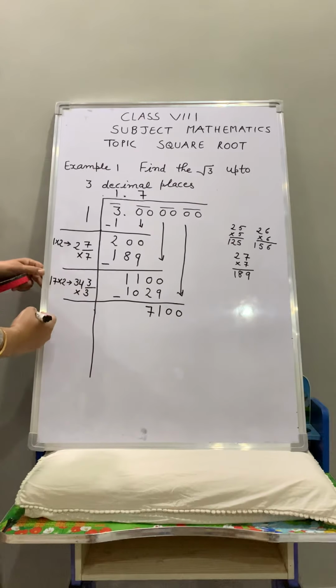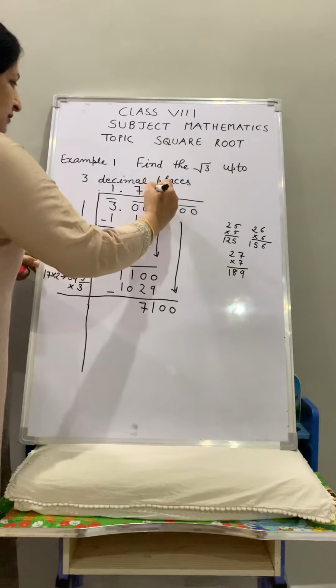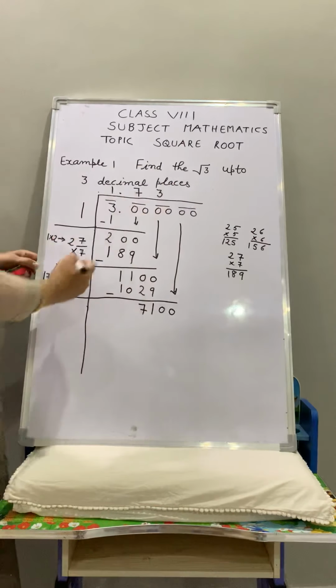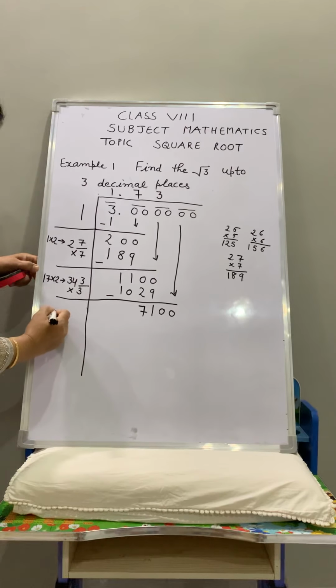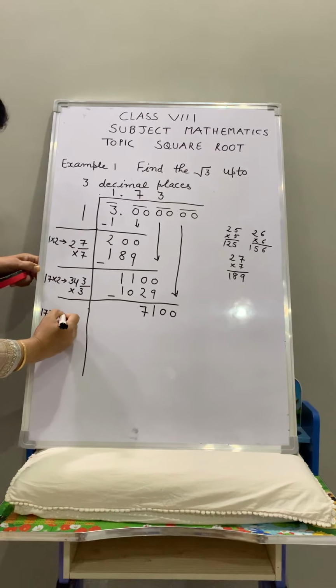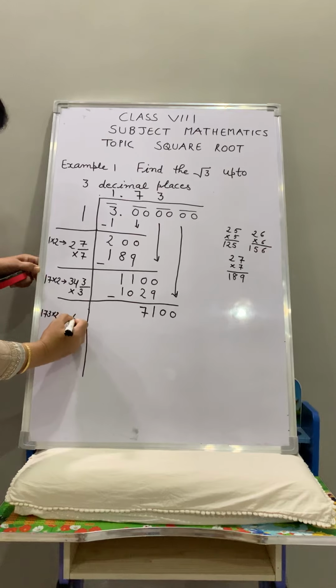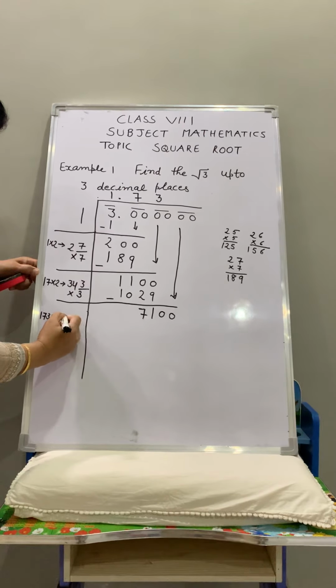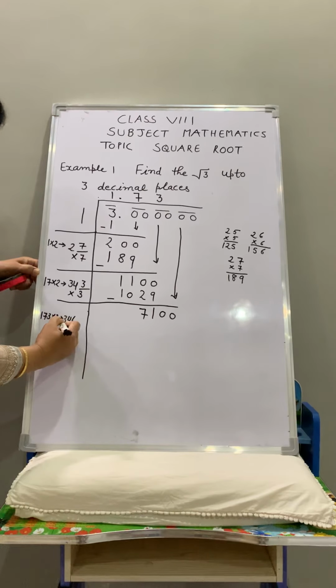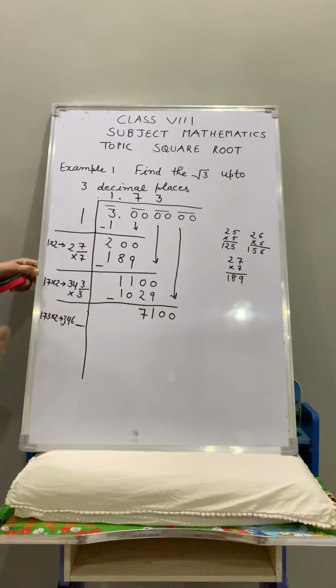Now, what will we write? We write here 3 also. Double of 173. 173 multiplied by 2. It will be 2 3s are 6. 2 7s are 14. 1 and 2 1s are 2, and 1 is 3, and 1 is left to fill.